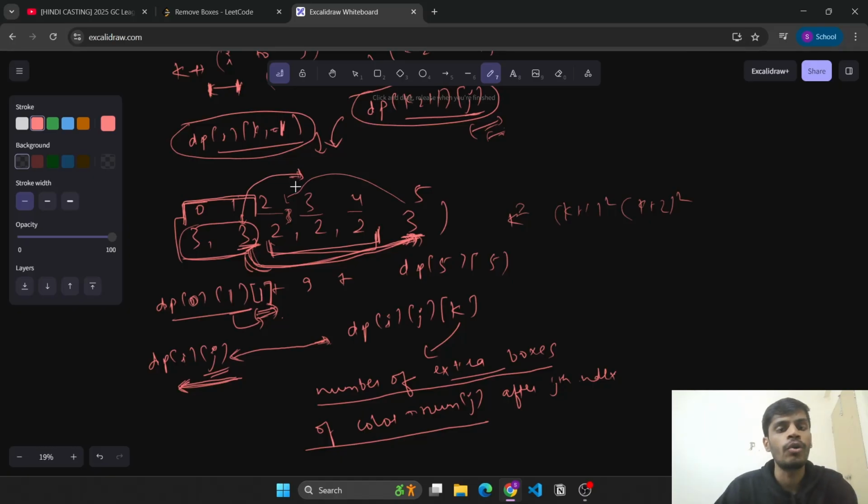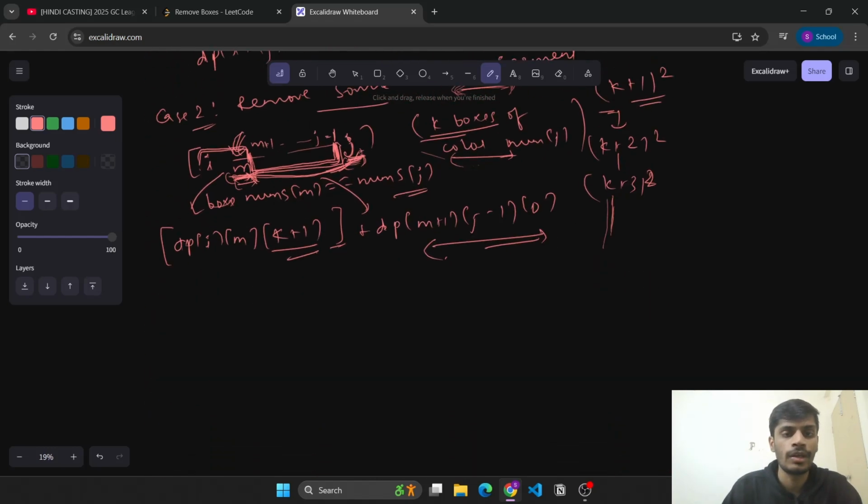So from that we got an idea that we can maintain the number of boxes which we have of the same color as this. If we just need to solve this simple problem, we'll maintain one value, so dp of 0 1, and we have one color extra in this case.